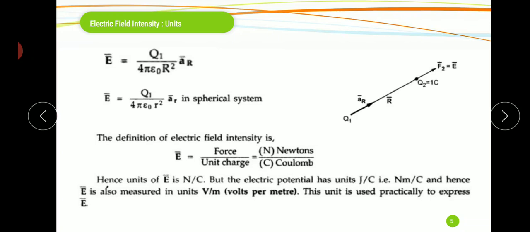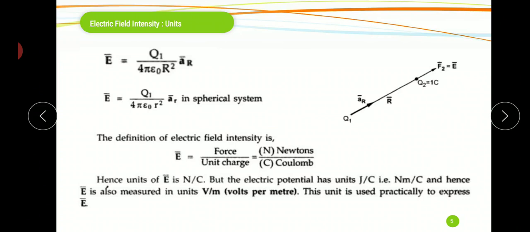Here r is the radius of the sphere, so in place of capital R we have to take small r, and the unit vector is also A bar small r. This is the expression for electric field intensity in the case of a spherical system.